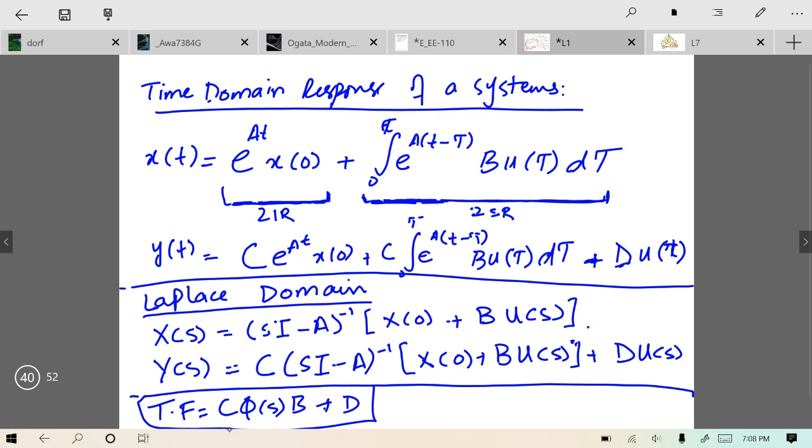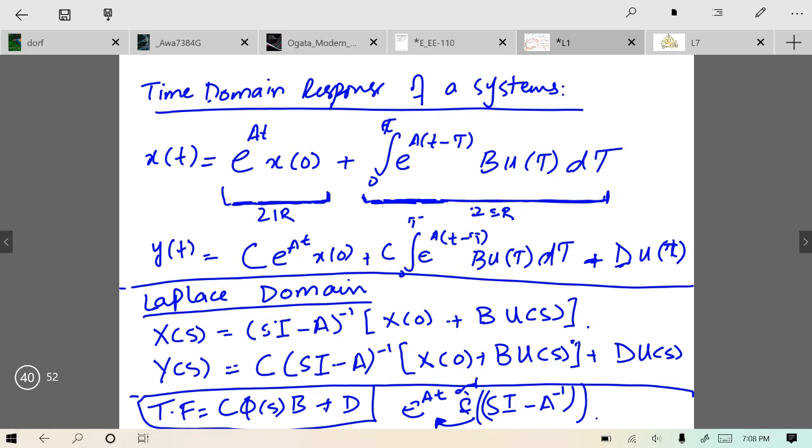Again, the point that you should note is e raised to the power at and (si minus a) inverse. If I take the inverse Laplace of (si minus a) inverse, this is equal to e raised to the power at.